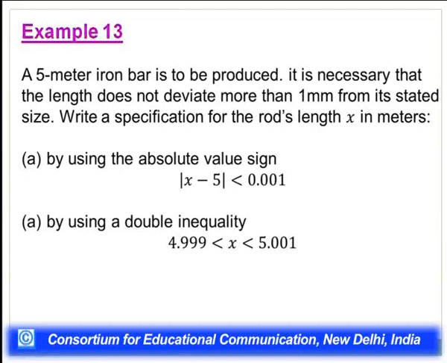So, here we have that because the length of the rod cannot deviate from 5 by more than 1 millimeter, let's denote the actual length of the rod by x, and that deviation, the x minus 5 deviation, should not be more than 1 millimeter, which is 0.001 meters.